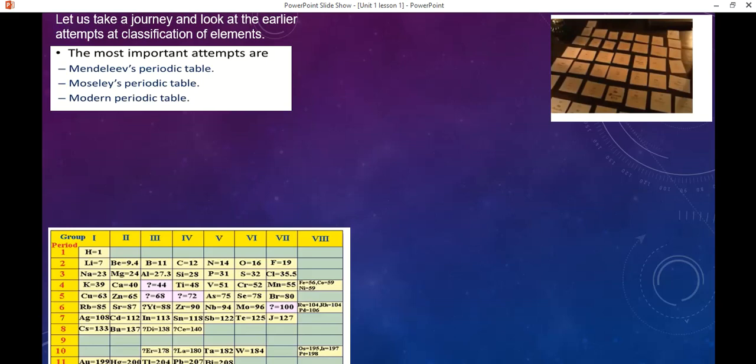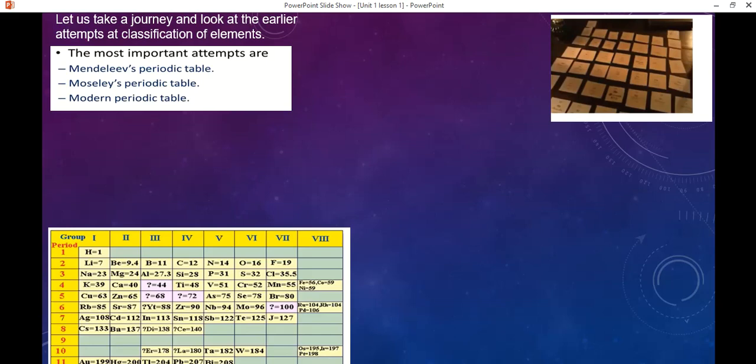Mendeleev periodic table. There were only 67 elements, and Mendeleev classified the elements into a table in ascending order according to atomic weight. In his table, he left spaces or gaps for the future discovery of a new element.